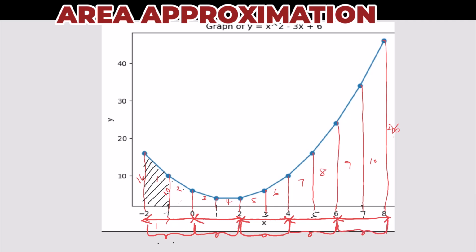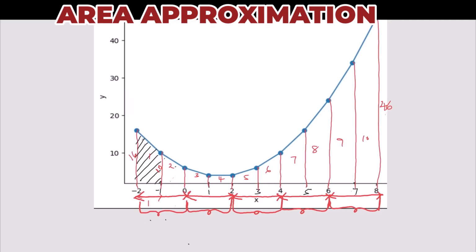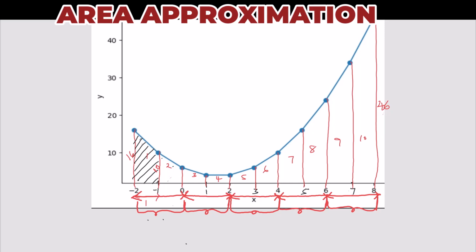So if you count these strips, this is 1, 2, 3, 4, 5 strips. So now the strip will be bigger, and we shall have now the whole of these. This is now a single strip. That is a single strip. This one will be a single strip here. That will be a single strip.